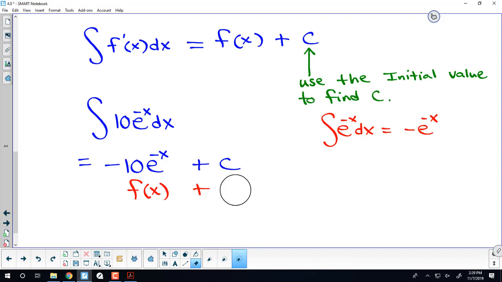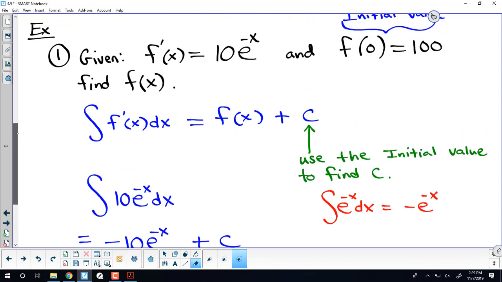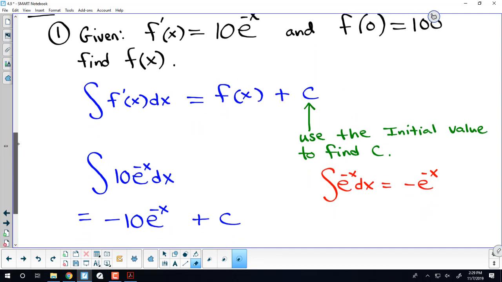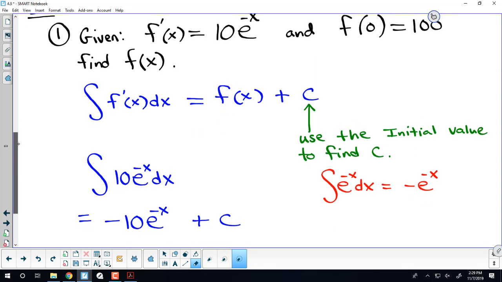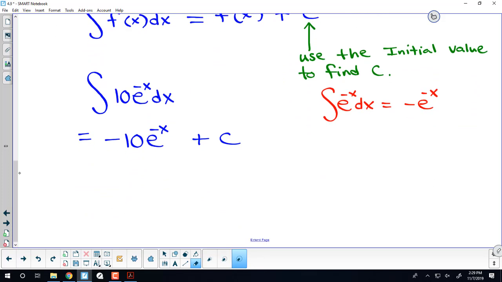I'm going to erase that. So then we also have a condition on that function. And we know if we evaluate that function at 0, we should get 100. So it's a different f of x, but the whole thing we'll call f of x, just from the antiderivative. And then at this step we use f of 0 equals 100 to find c.